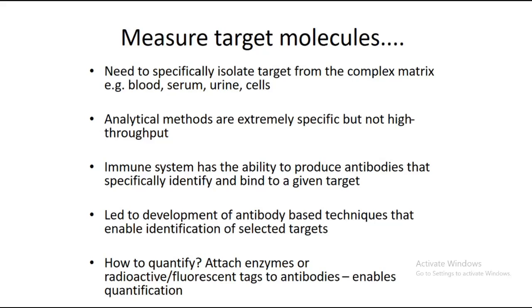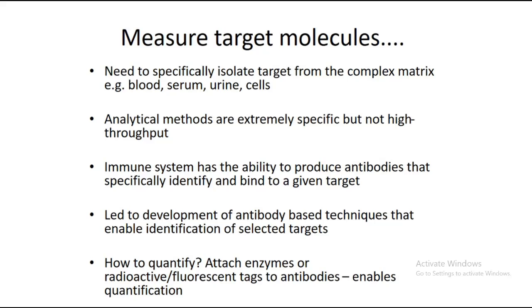And the other thing is a lot of these technologies require some sort of sample preparation before you use them. So we're going to take you through why using ELISA-based technologies is a useful approach.